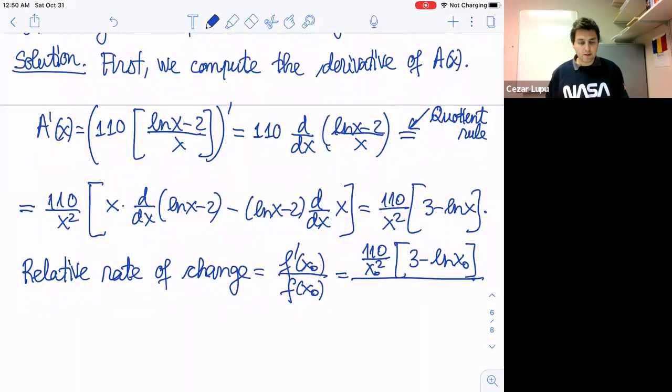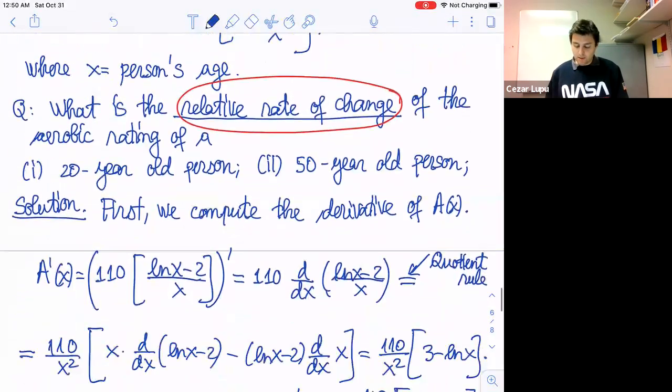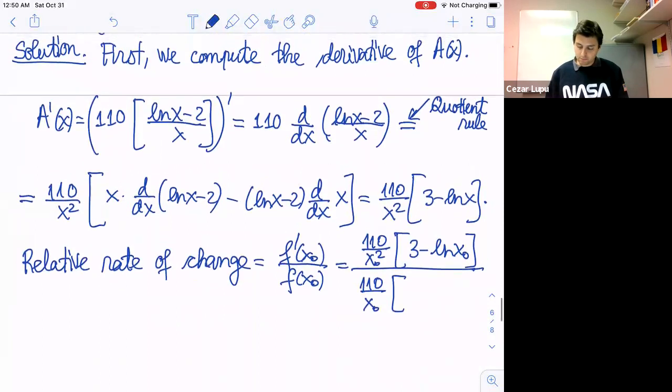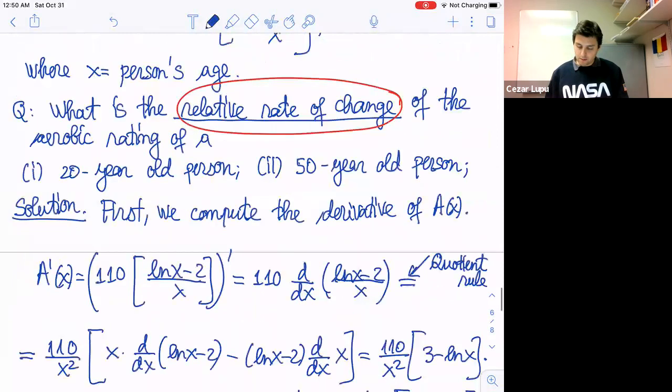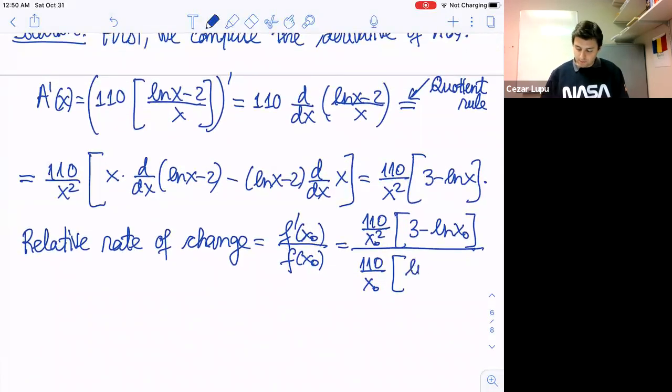f of x naught, which is, what is it? 110 over x naught times ln of x naught minus 2 over x naught.